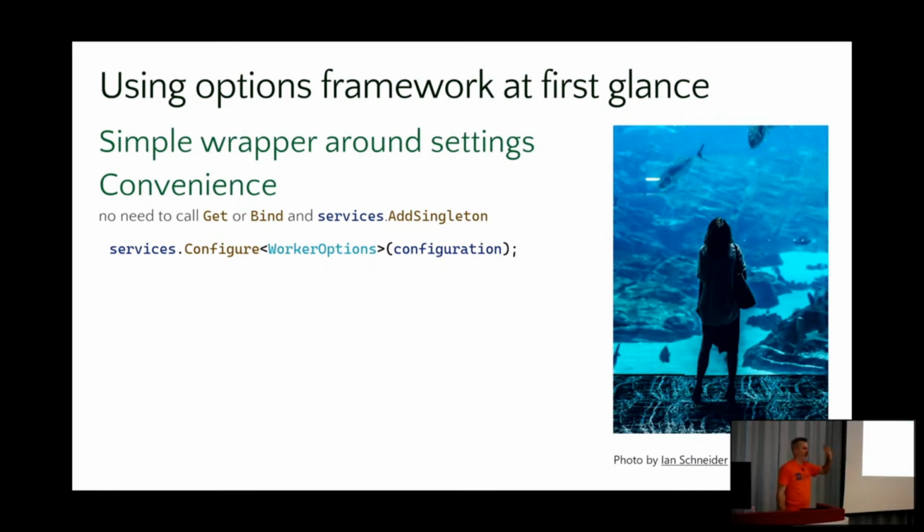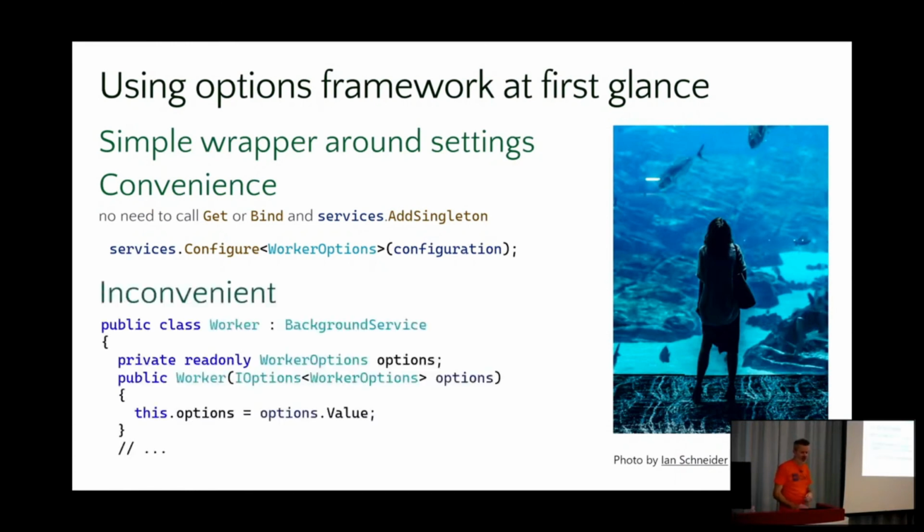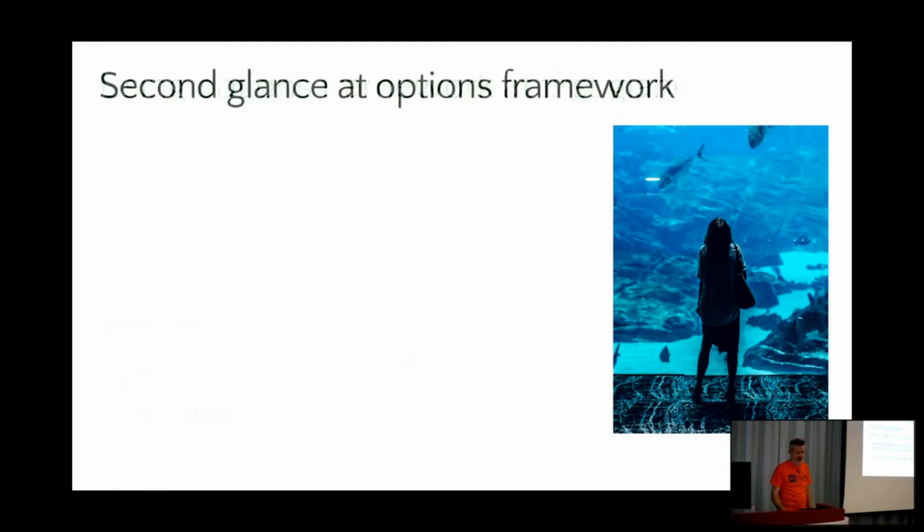But it's a similar class, 3 properties for our worker. And we give it the configuration or the configuration section that it needs to read from. But every time you need to use it, you need to do .value, because it's indirect. And if this is it, why would I use this, right? So the options framework doesn't seem really useful if you look at it from this. Just like you're looking at the fish and like, oh, okay, cute fish, but that's not that special.